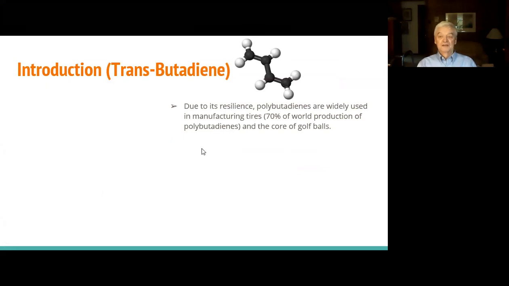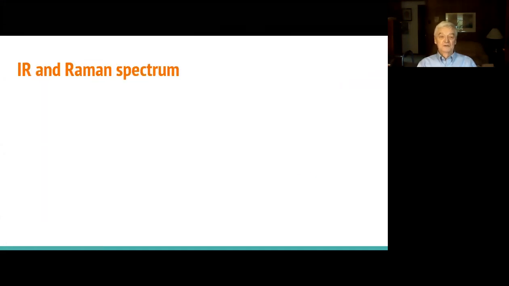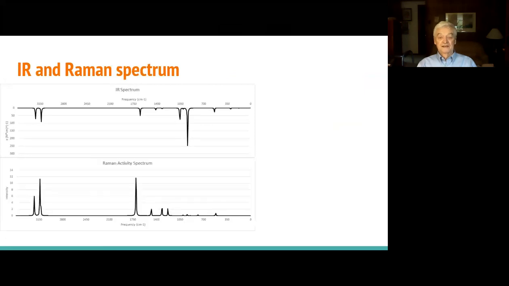It's used in making, as it says here, golf balls, rubber tires, things like that. So he went through symmetry rules for this. He calculated what the infrared and Raman spectra would look like. You can see they're quite different. Here's a very strong carbon-carbon double bond for this molecule, and other vibrations are in the infrared spectrum.